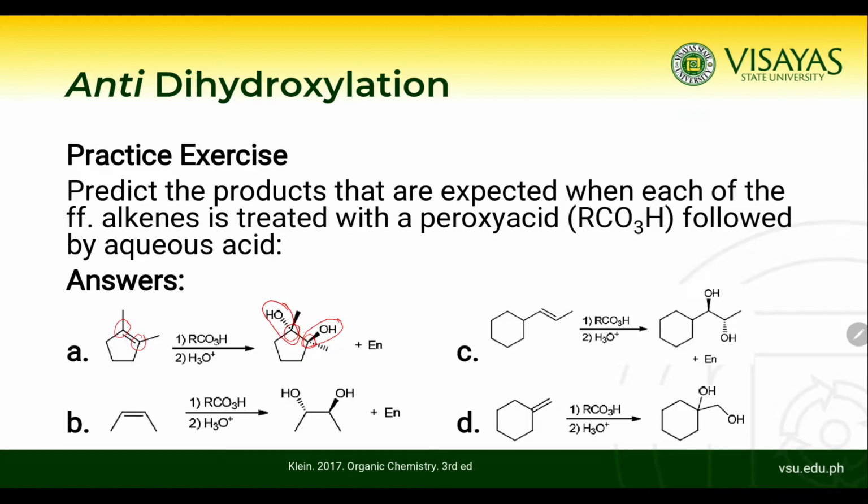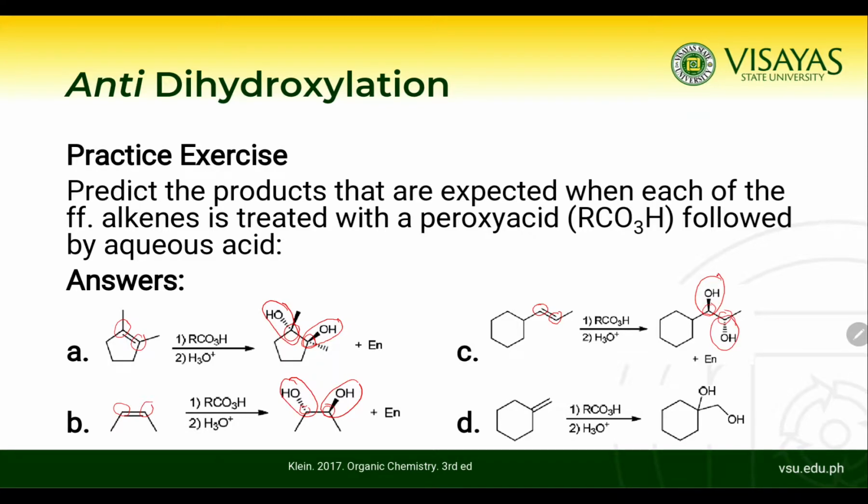For letter B, here are the two carbons where the hydroxyls attach. Now these two carbons are chiral centers. So we show that one of the hydroxyls is on a broken line, the other on a wedge. Okay, for letter C, the hydroxyl groups will bond to these carbons. Now these carbons are chiral centers, so we show that one hydroxyl is on a wedge, the other on a broken line.